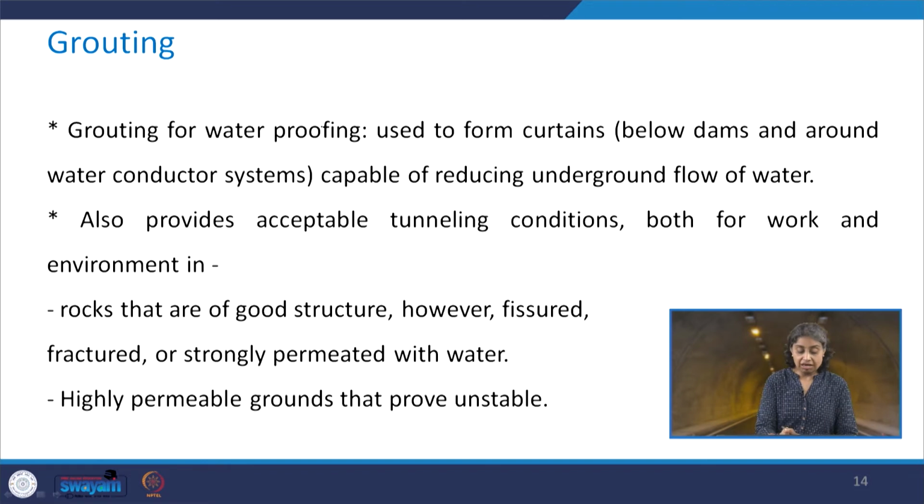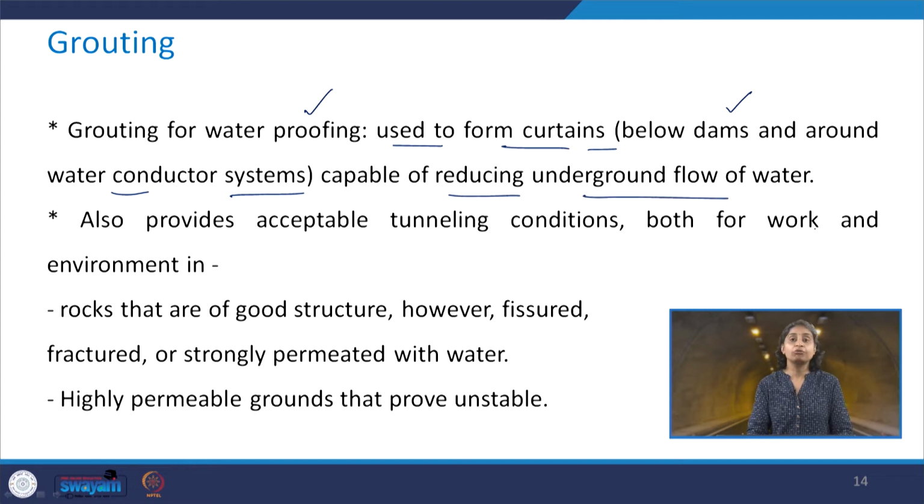Grouting is done for waterproofing as well. Here it is used to form curtains, especially below the dams and around the water conductor systems. These curtains are capable of reducing the underground flow of water.